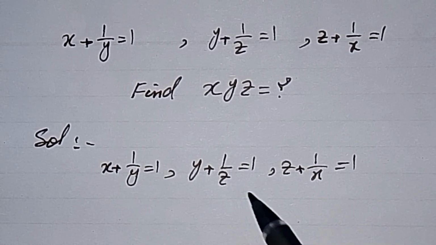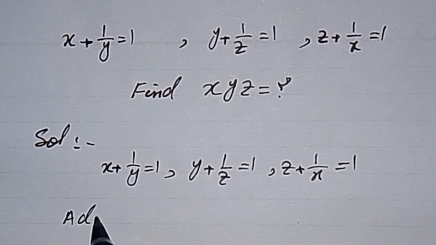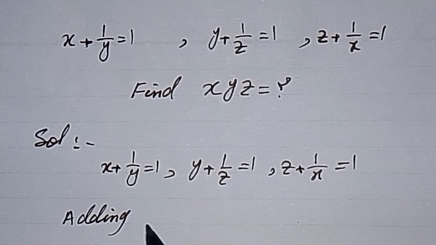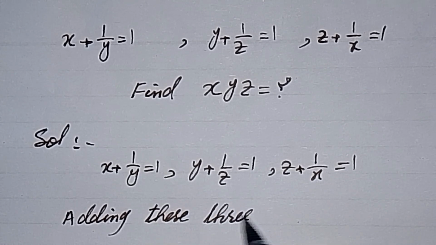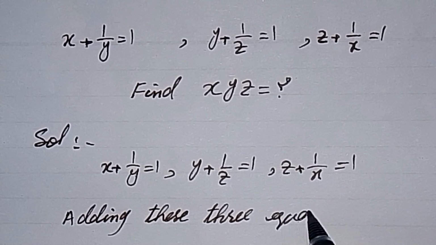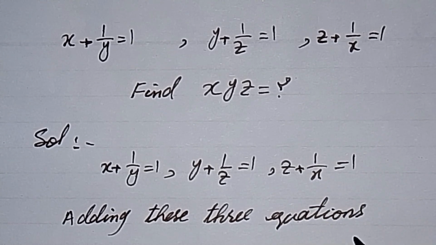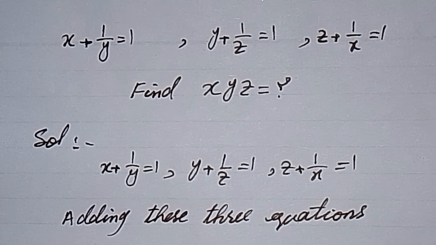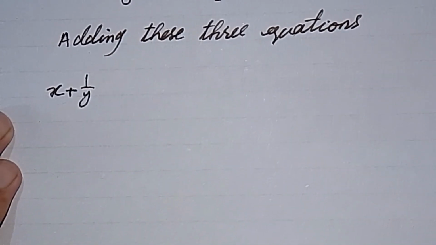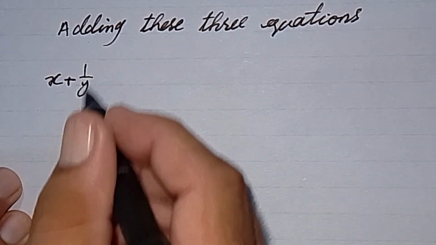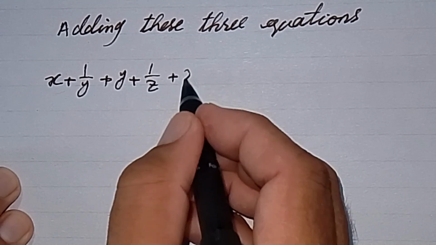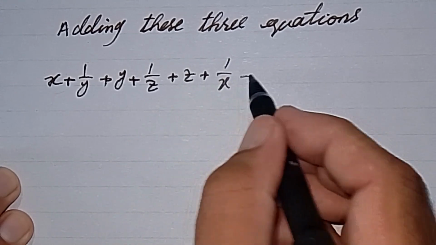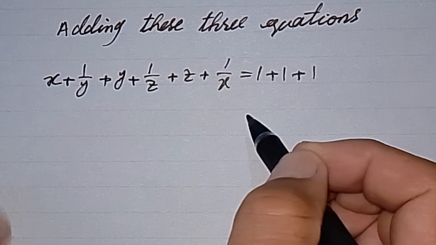Now adding these three equations. Here x plus 1 over y plus y plus 1 over z plus z plus 1 over x is equal to 1 plus 1 plus 1.